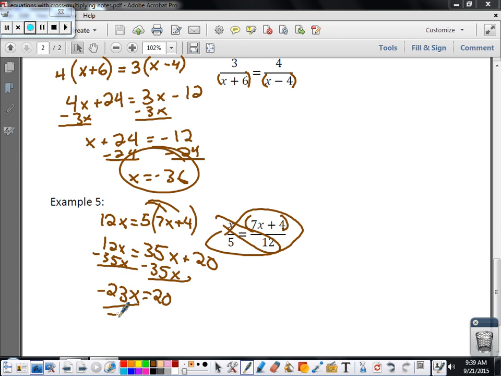Divide by negative 23. What do you get? Negative 0.886. What's the next number after 6? Negative 0.86. All right, so let's do negative 0.87, or round. Your answer will not always be perfect. And that's it.